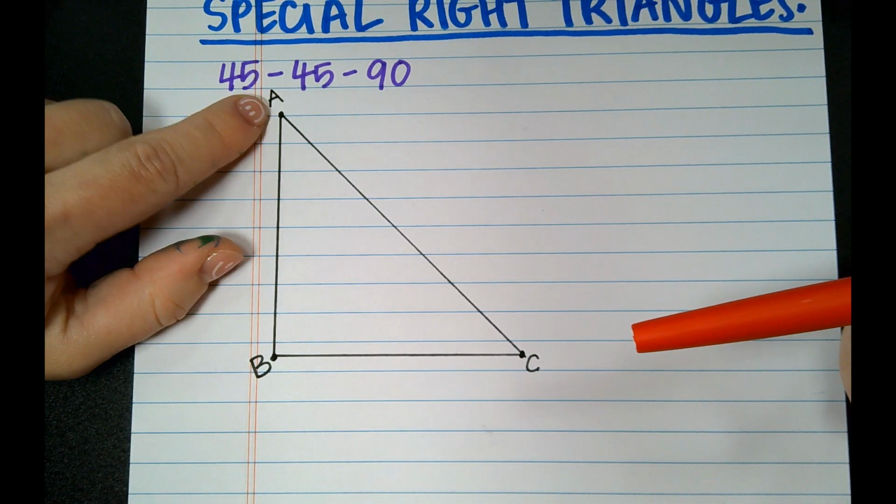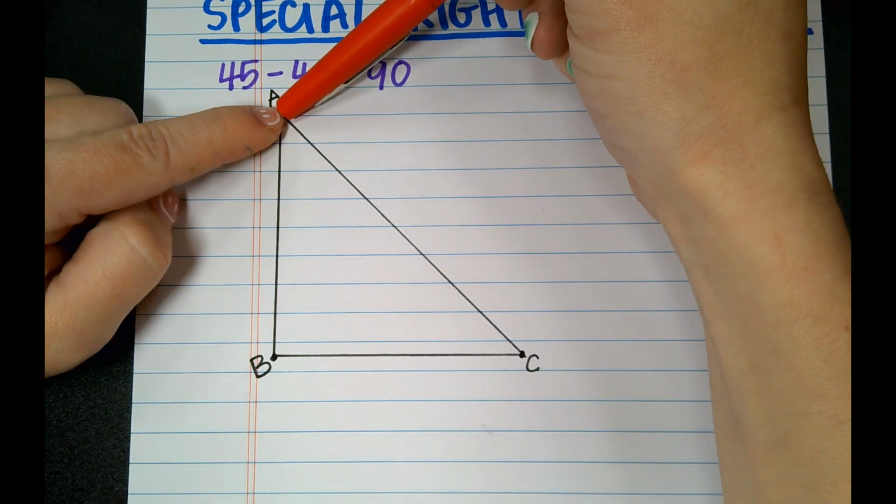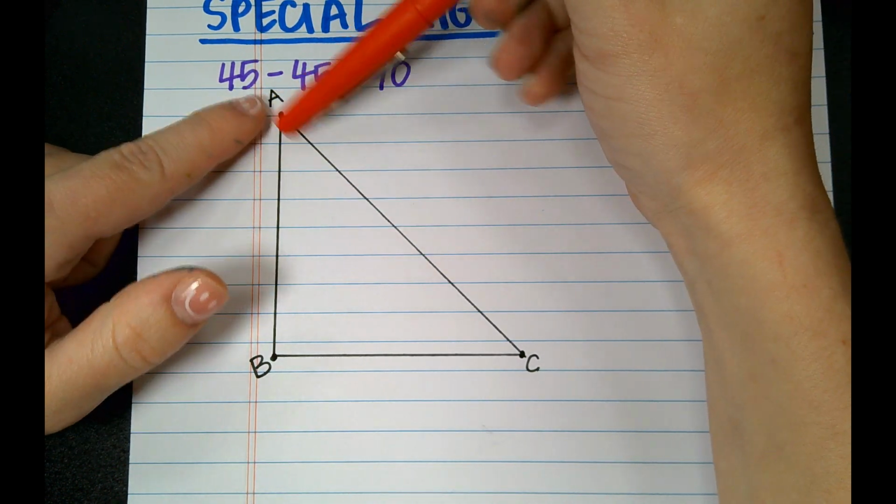So for example, angle A is going to be the angle made up of these two lines.